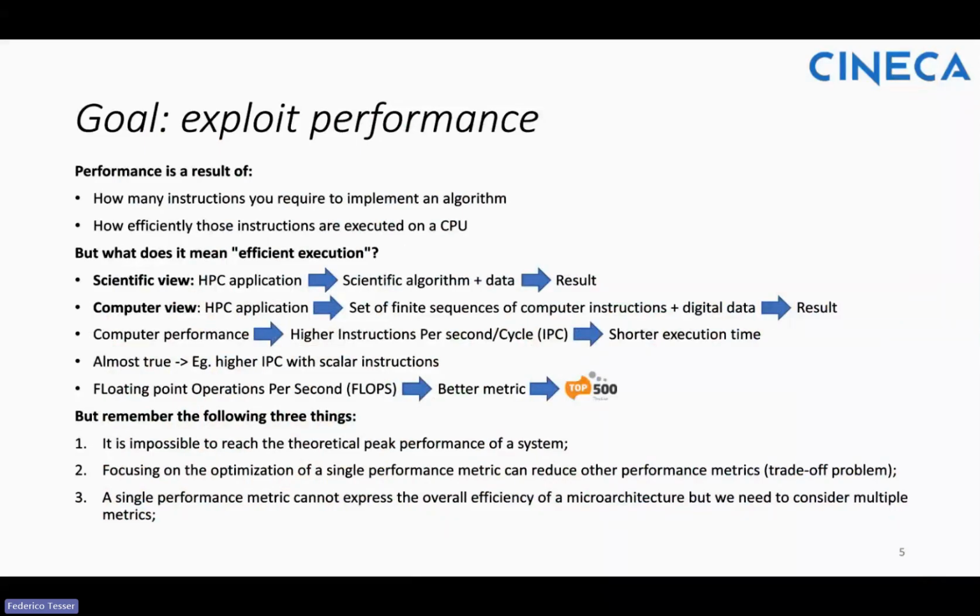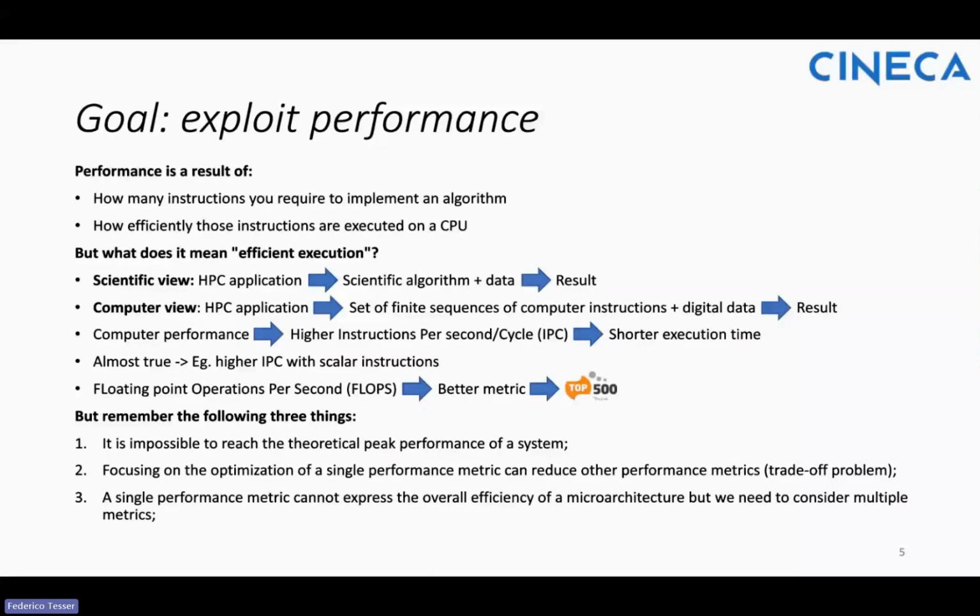So the question is how we can exploit performance on this complicated system. The answer is maybe that it depends on what you mean by performance of your application or the underlying system.